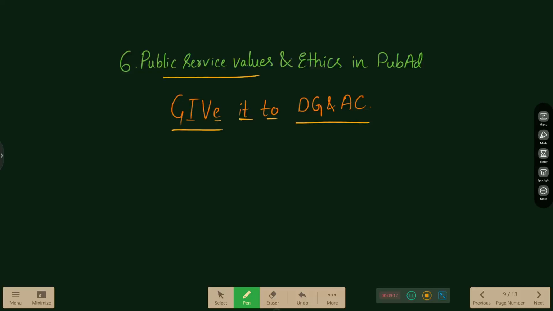So what does G stand for? G stands for guidance. I stands for issues. V stands for values. D stands for dilemma. G stands for governance. A is accountability.